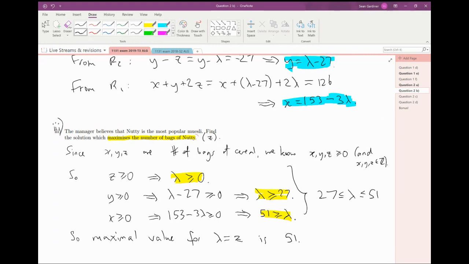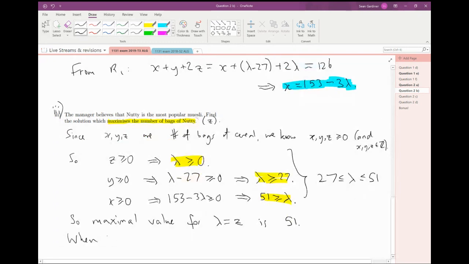So the solution should tell me all values x, y, and z, right? I know now to make 51 bags of the nutty cereal, but what about how many bags of regular and fruity am I making? So I should substitute this value for lambda back into my equations for y and x to come up with the full solution. Okay.